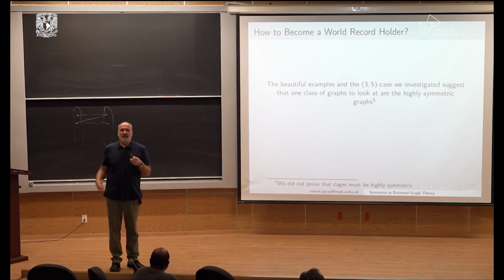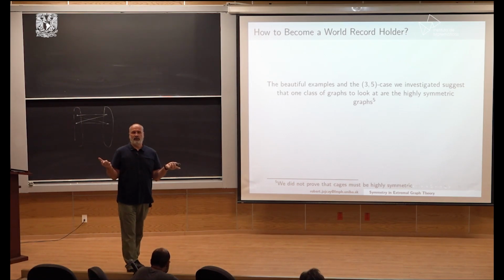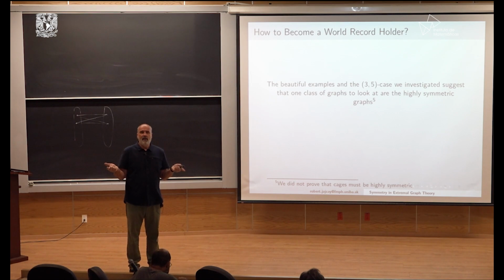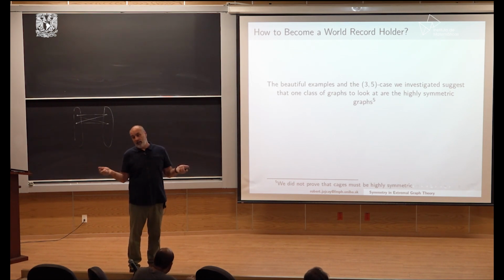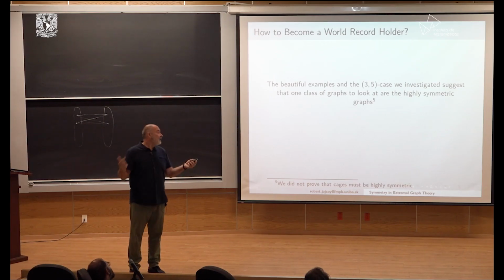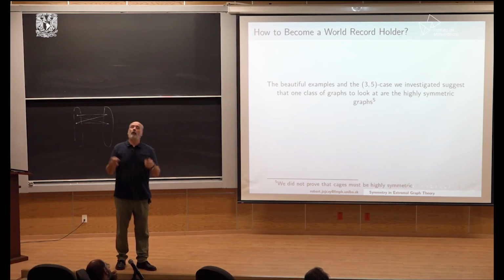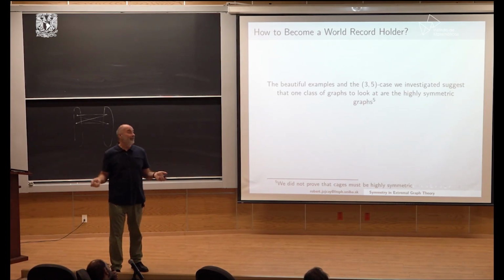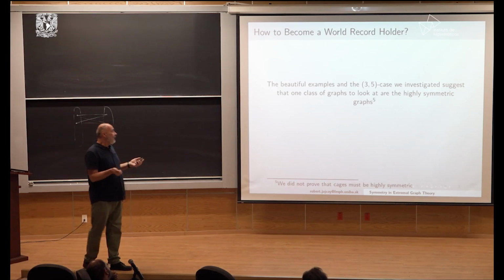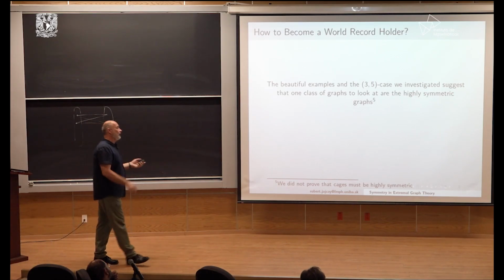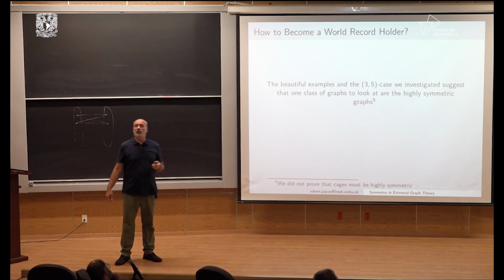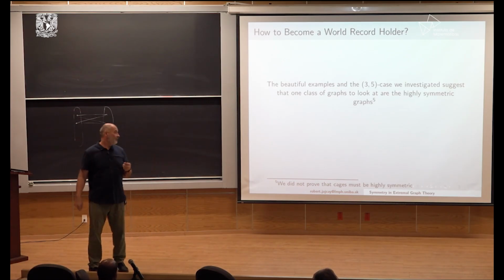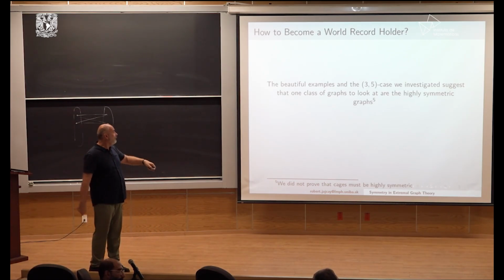This is heuristics, nothing but heuristics. It looks like the examples we have are highly symmetric, so maybe there is a good reason to look among highly symmetric graphs. And my reason is I deal with highly symmetric graphs, so that's my area. Please bring it on. But it's not necessary, and in fact, not all the known cases are as highly symmetric as I want them to be.